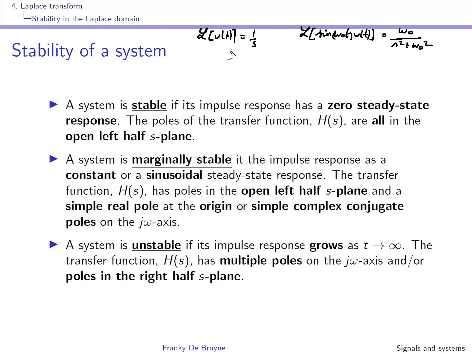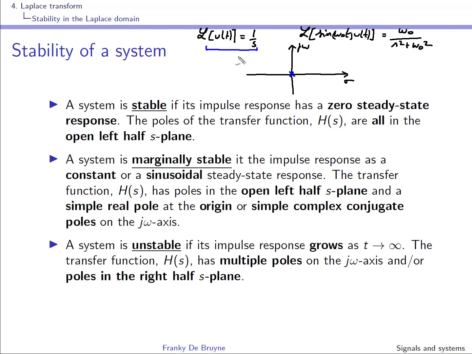If you look at the Laplace domain, so sigma over here and j omega over here, we'll take this one in blue over here. Then we have one pole at the origin, and it's situated on the j omega axis. So this signal is not asymptotically stable. We'll call it marginally stable.